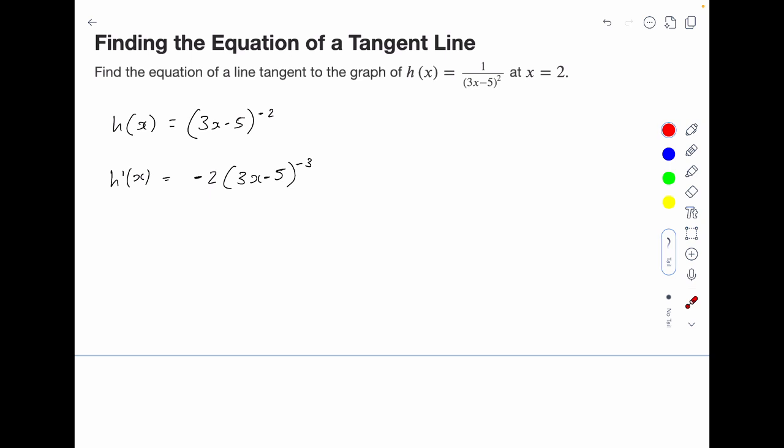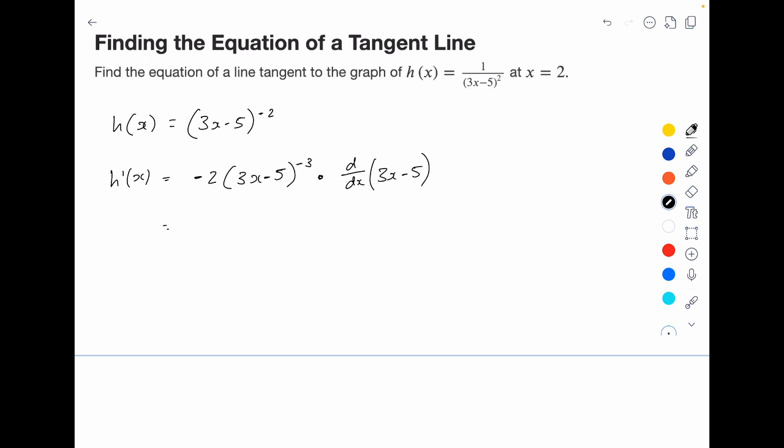Because remember the Russian doll example. What we've actually got here is one big function and one smaller function over here, right? I'll repeat, one big function, one smaller function here. So, I've taken the 2 down, I've minus 1, I'm then going to times by the derivative of 3x minus 5.